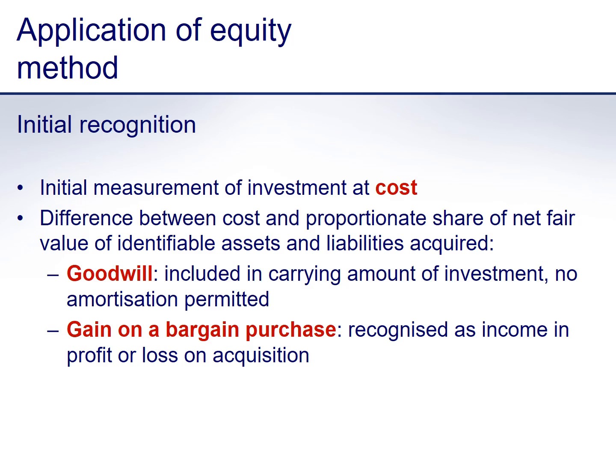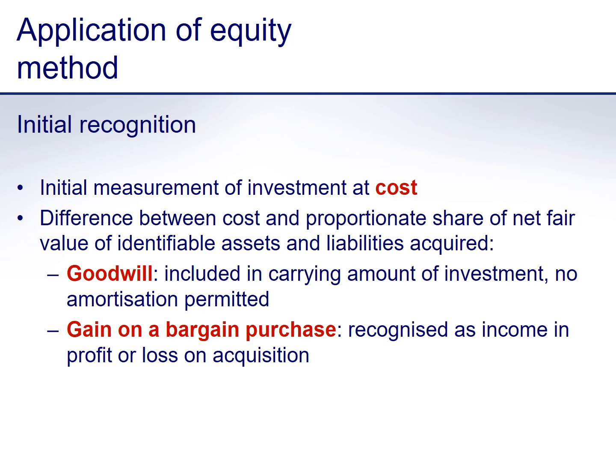If there's any difference between the cost and the proportionate share of the net asset value that you are entitled to, so for example, if I'm getting a 20% interest in an associate, I would compare what that 20% entitles me to, looking at what I believe the net asset value of the investee is worth, my 20% share of that portion, and I compare that to what I paid.